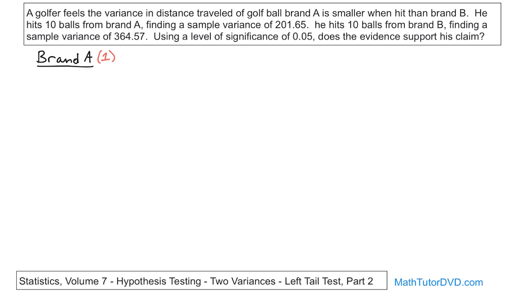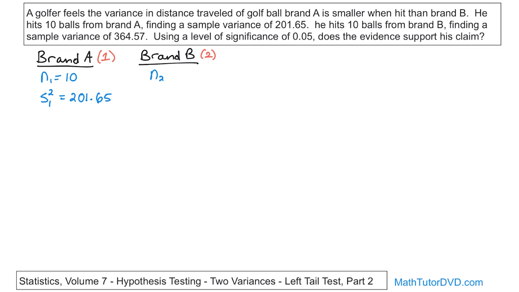We collected our data, so we say we sample n sub 1 is 10. We sample 10 golf balls, and the variance in the distance that they travel is 201.65. Then for brand B, which we're going to call 2 as we write our equations, we sample, again, 10 balls.